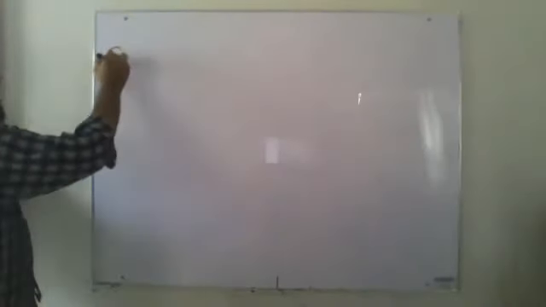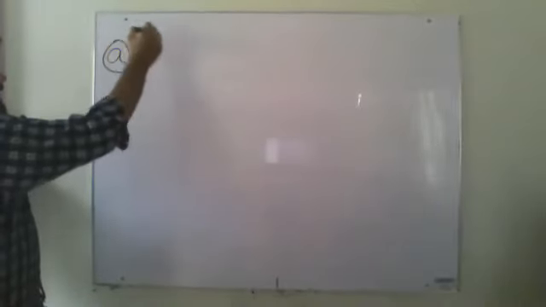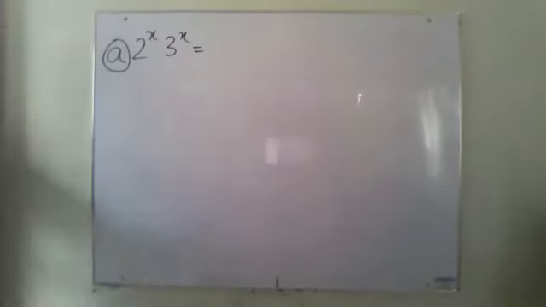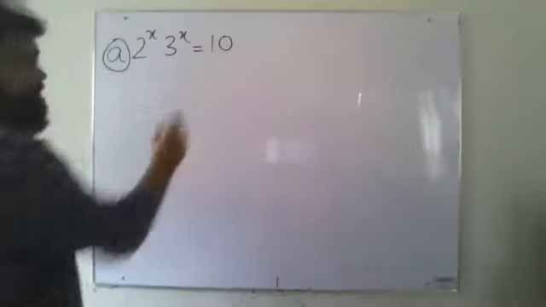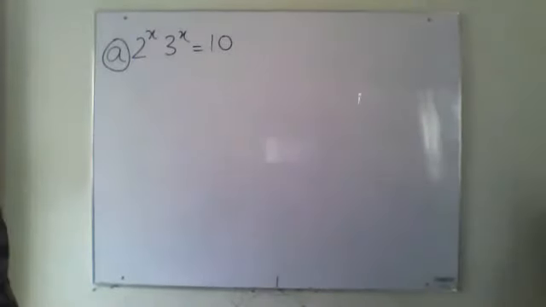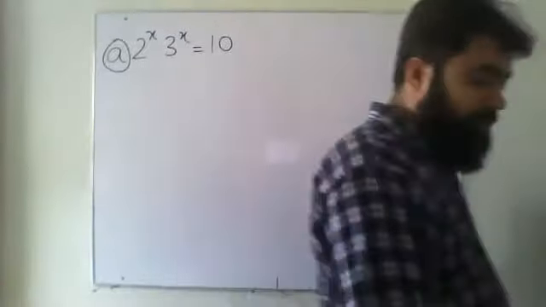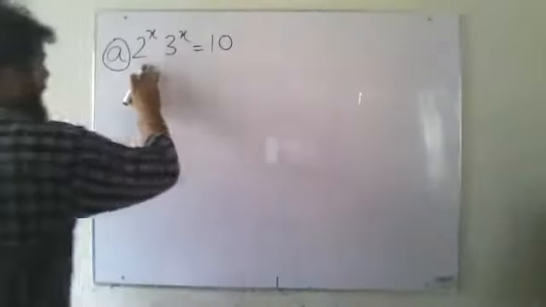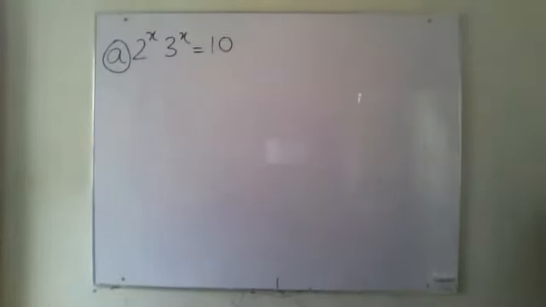First of all, part A is 2 to the power x times 3 to the power x equals 10. This is the question given to me, and now they are telling us to get the value of x. So first, there are two unknown powers.